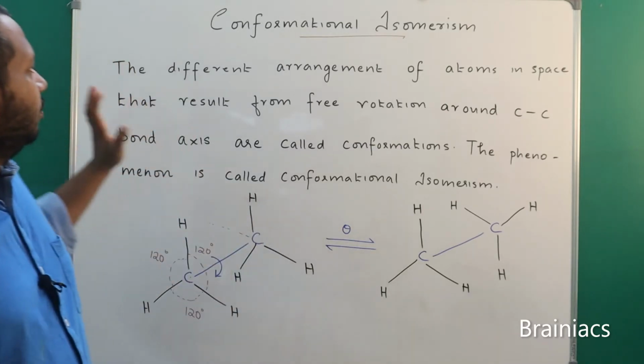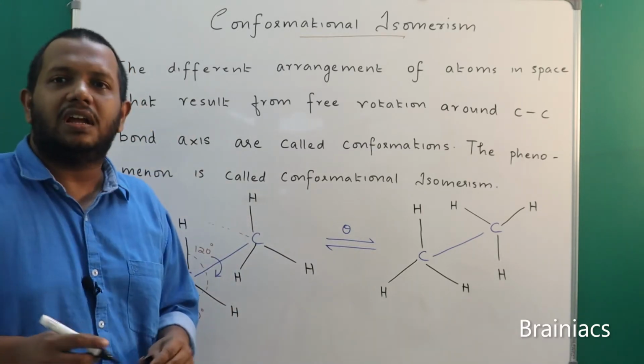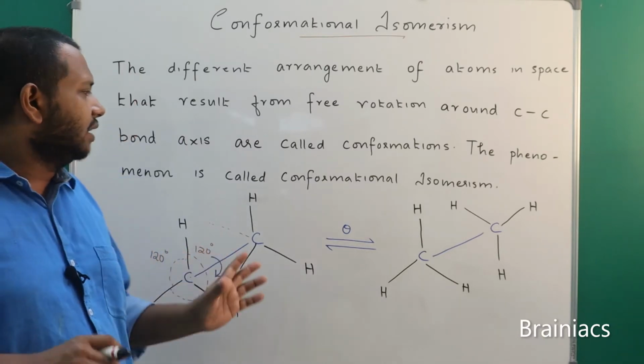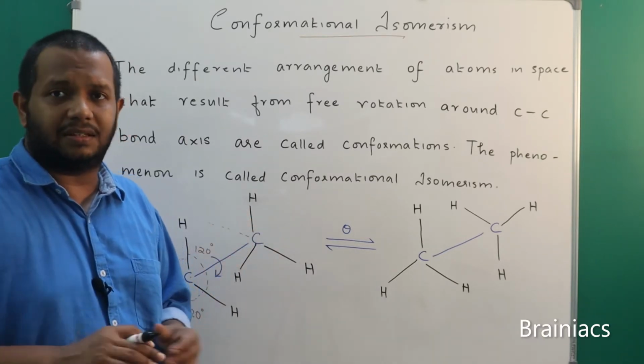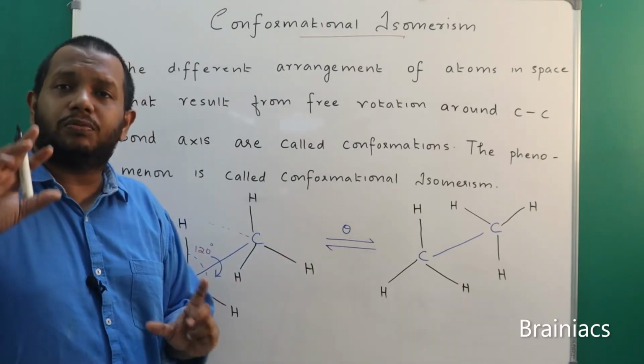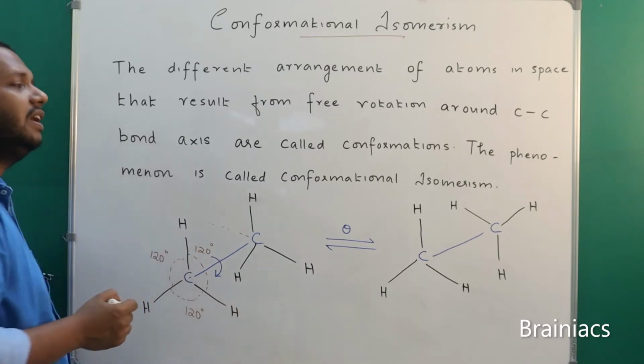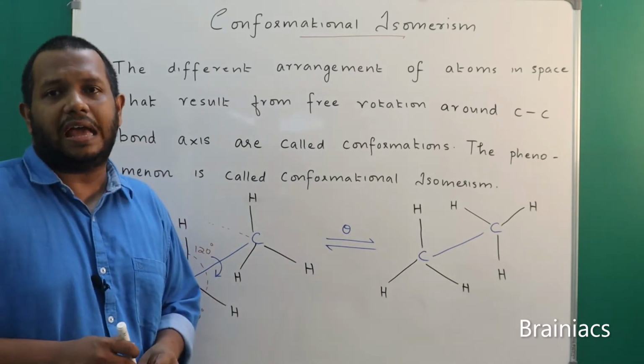Now next comes conformational isomerism. Conformational isomerism arises due to the rotation of a carbon-carbon single bond, because this is applicable mainly in alkanes.